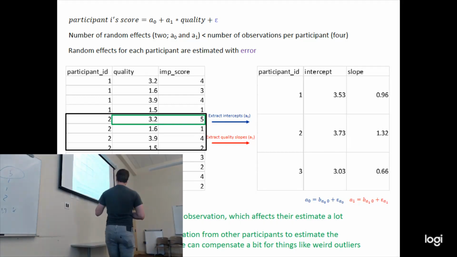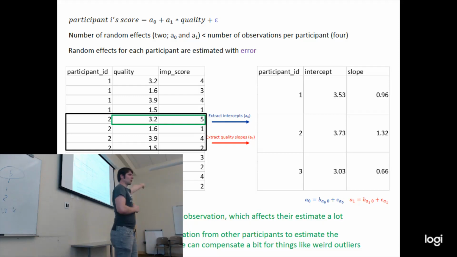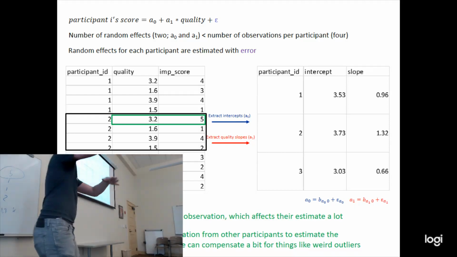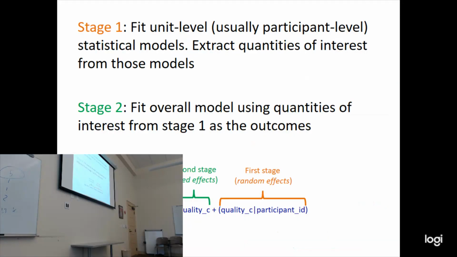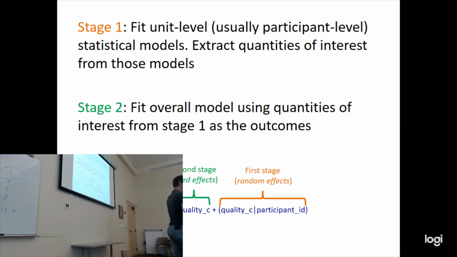So the intuition here is that if I can borrow information from other reviewers, that might inoculate my individual estimate from being overly influenced by random fluctuations. And that's one reason why we might want this property of shrinking. And that's what lmer does, right? Yes, we've seen that lmer does it. I haven't described exactly how that happens.